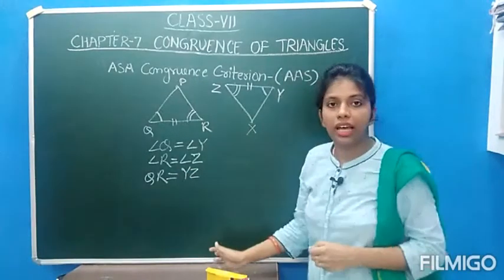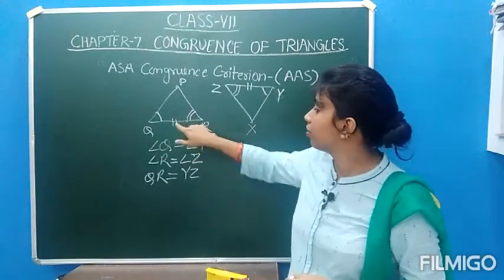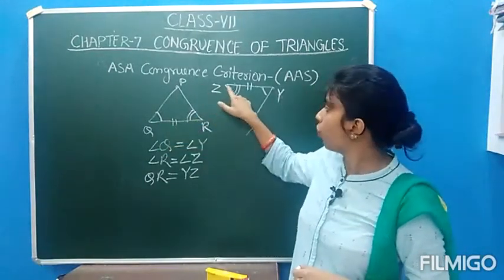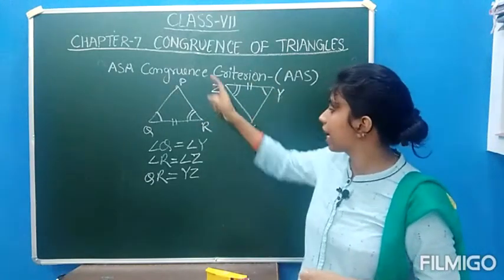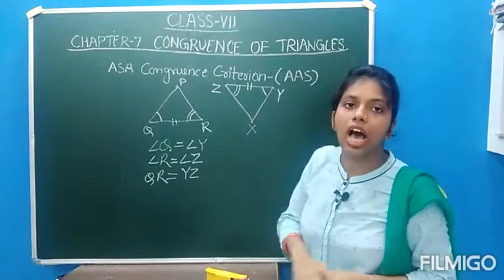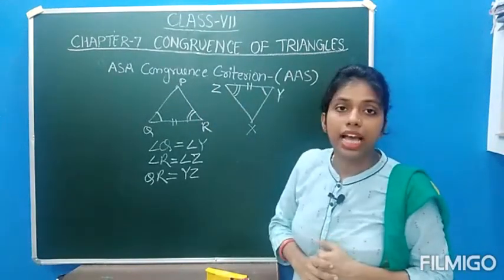Now we have three things: two angles and the side between them. Then these two triangles, triangle PQR and XYZ, are congruent. Why? Because of the criterion angle side angle.